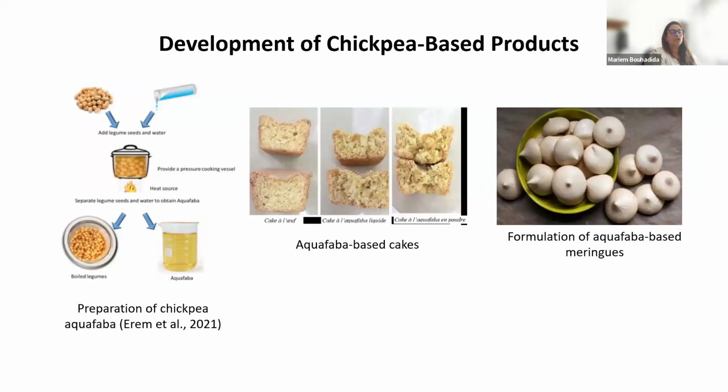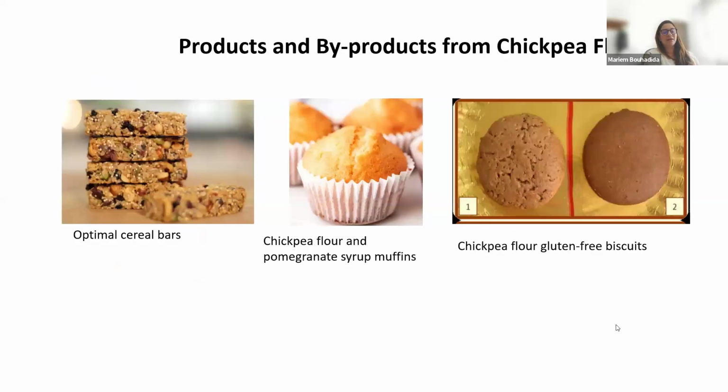So here I would like to show you the work that was conducted at the laboratory in collaboration with industrial partners and startups. It focused on developing gluten-free products from chickpea flour and aquafaba. For example, we can see cakes, meringue, and also, next, please. The key aspect of this work was the selection of suitable chickpea varieties, since they differ in their techno-functional properties and functional behavior, which directly affect processing.